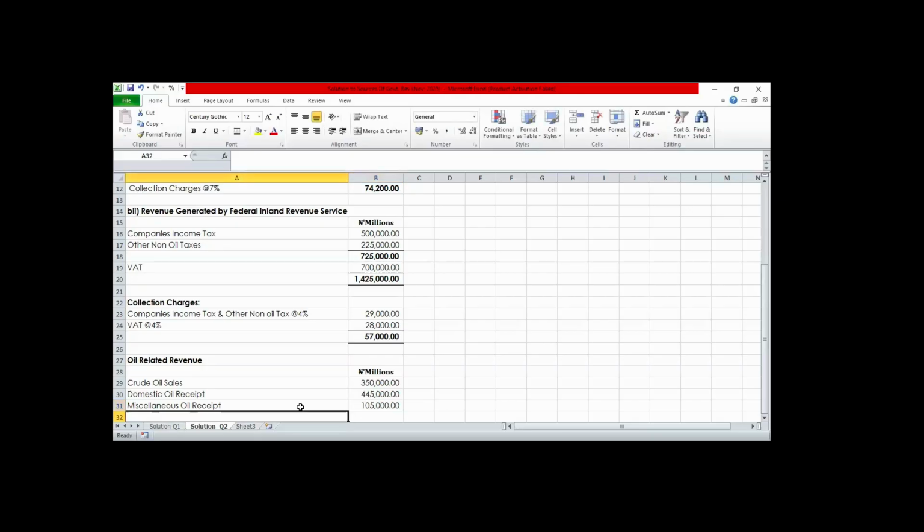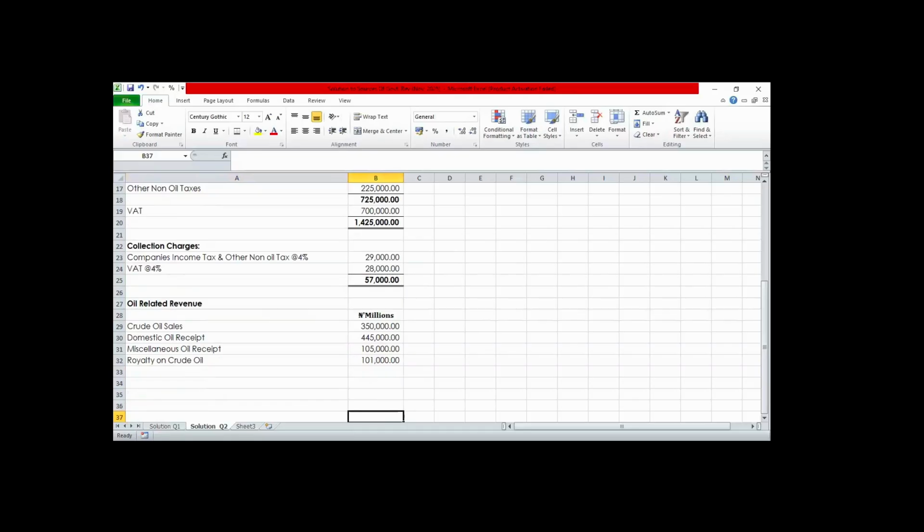Next one, royalty on crude oil. 101,000.